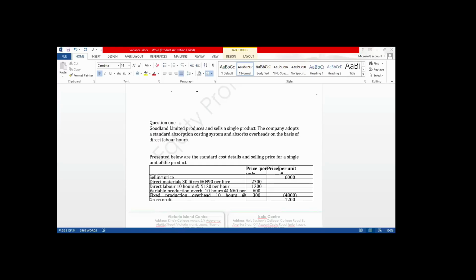Page 106, illustration 1. Page 106, question 1. Thank you.